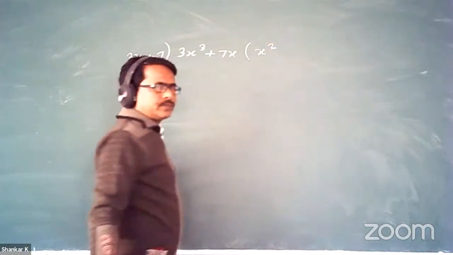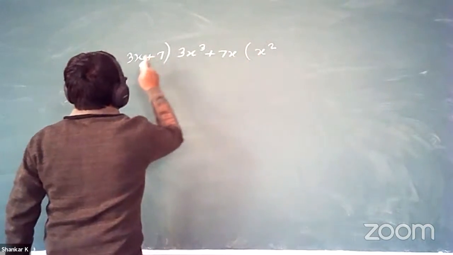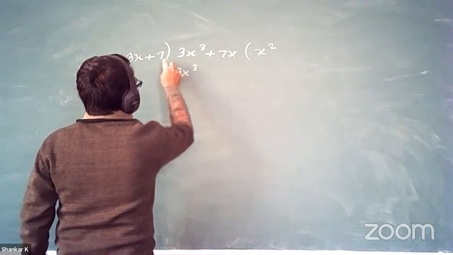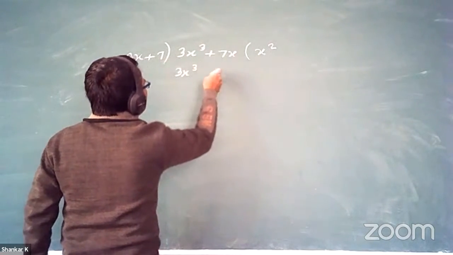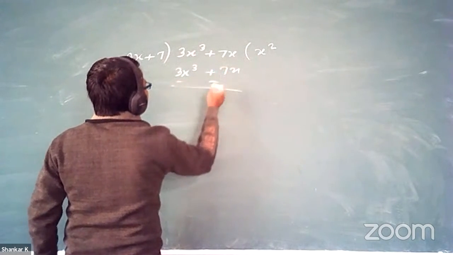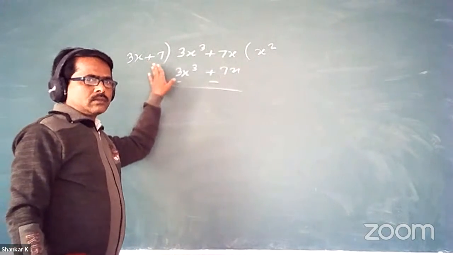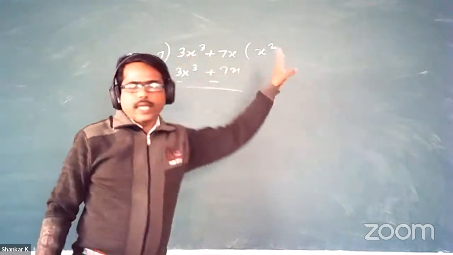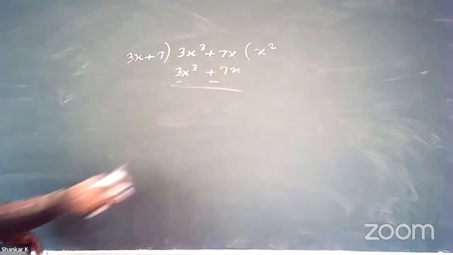X square into 3x is 3x cube. Then 7 into x square. It is 7 into x square, not 7 into x. By mistake, if you write 7x, minus minus becomes 0 and we say it is a factor. That is wrong. It is 7 into x square.